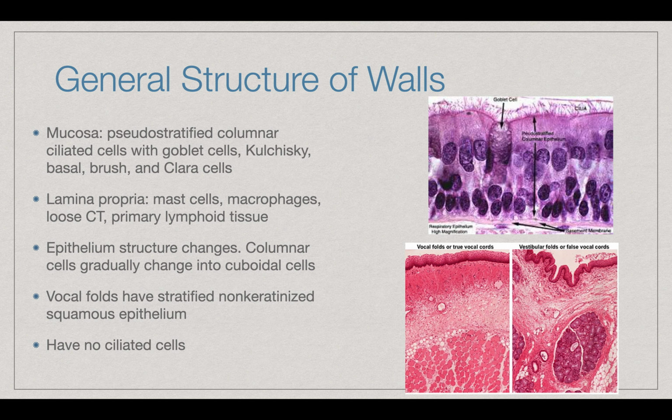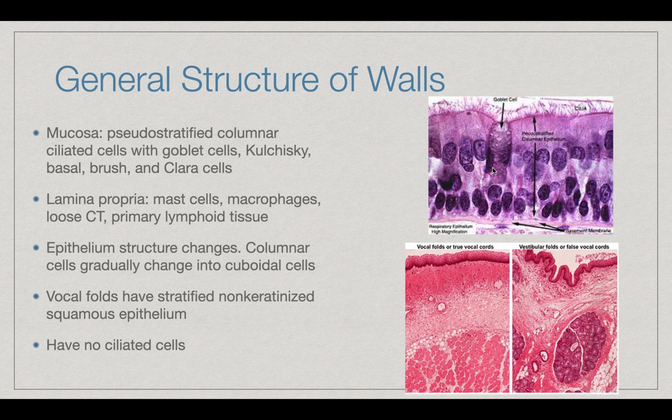So the walls are going to be made out of the mucosa, which has the pseudostratified columnar epithelium. So it's not perfect layers. You see there's a little bit of mismatch. That's why it's pseudostratified. And it has a lot of cilia, along with the goblet cells that secrete mucin.